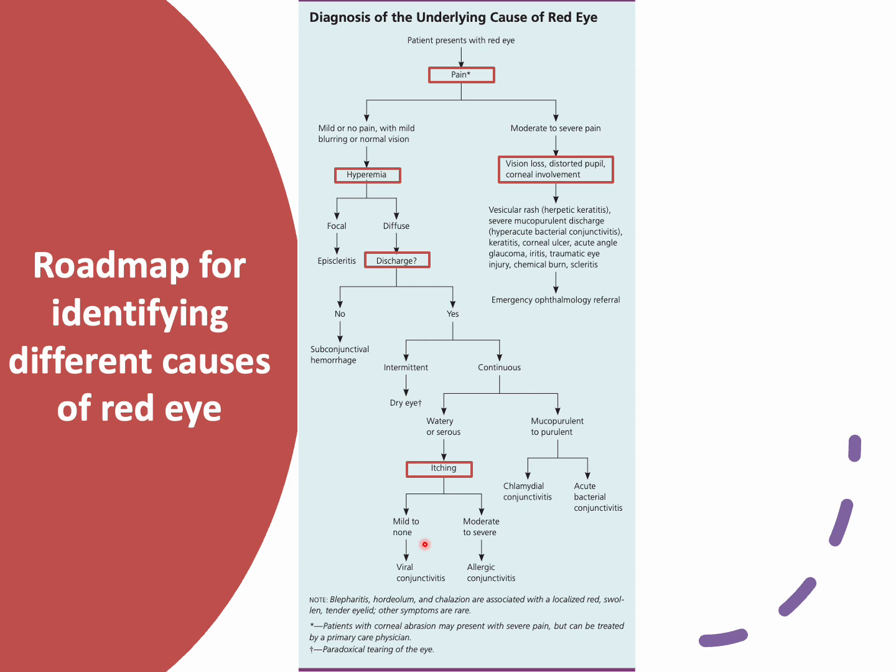Viral conjunctivitis usually comes with watery discharge and mild to no itchiness. If there is watery discharge and moderate to severe itchiness, which is the hallmark of allergic conjunctivitis. So itchiness is really important for us to diagnose allergic conjunctivitis.